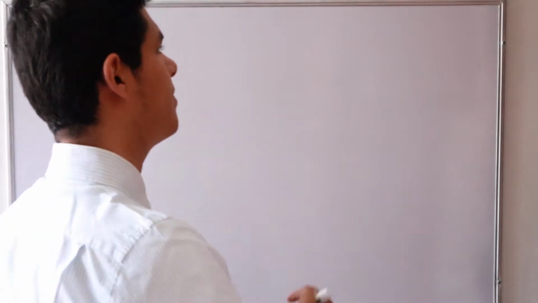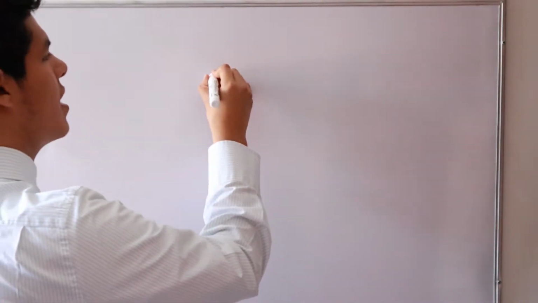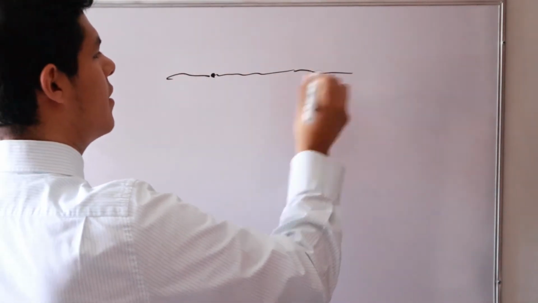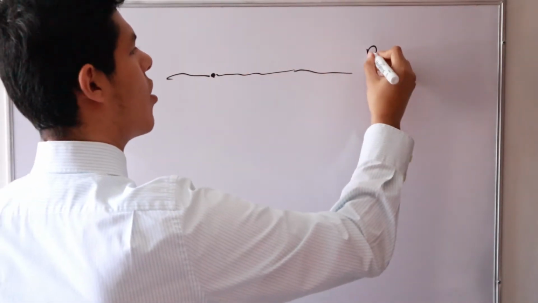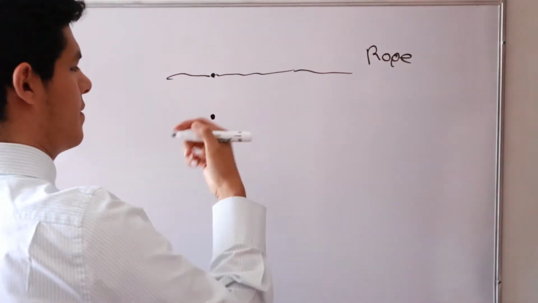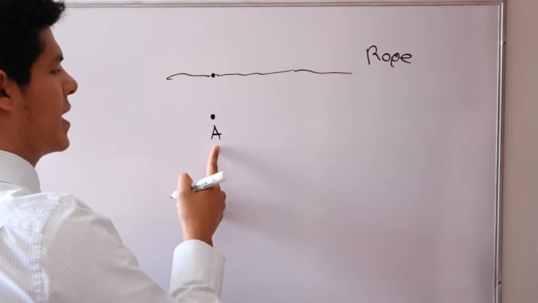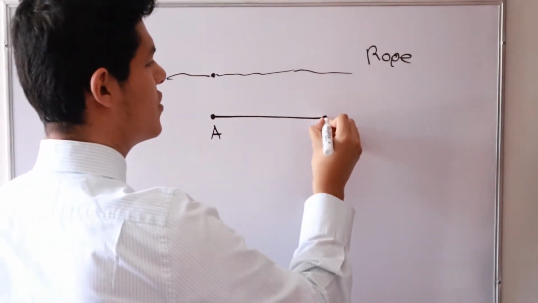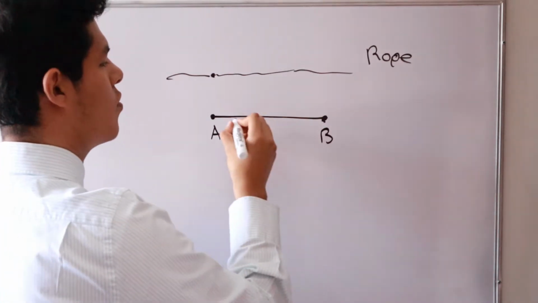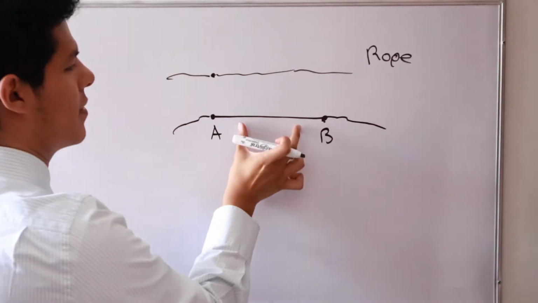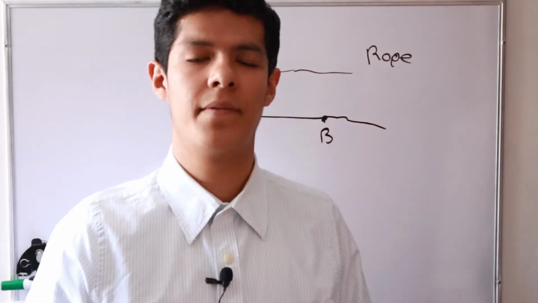So the Greeks define a line as the following. You have a rope. This is an elastic rope. So if I put here my name A and another person stretches out this elastic rope, this would be considered as a line, as a notion of a line.